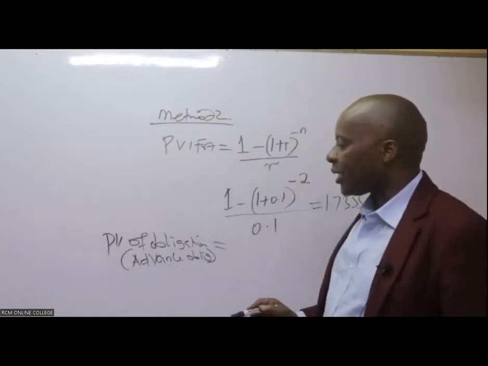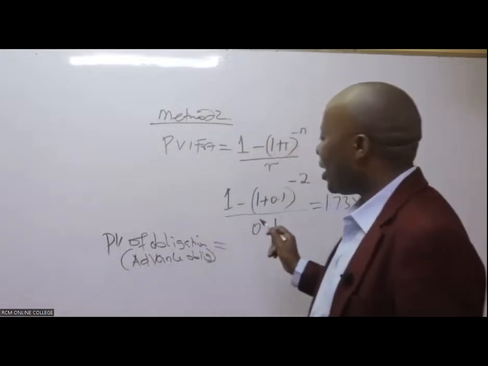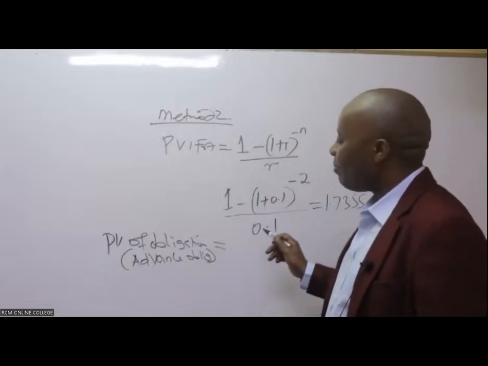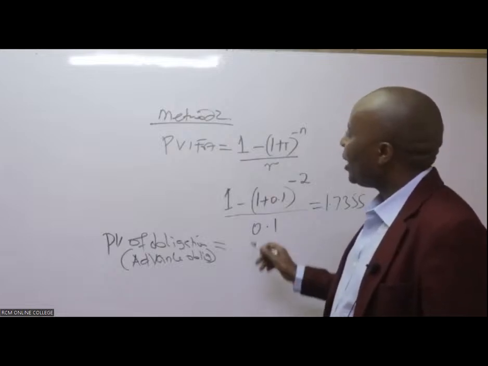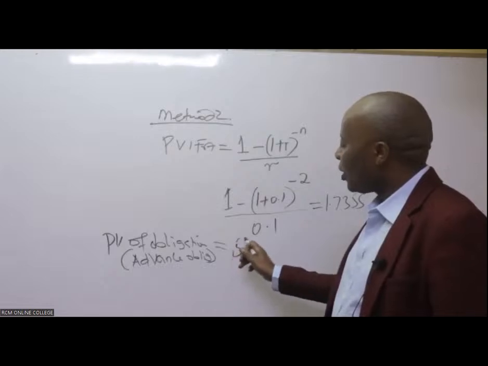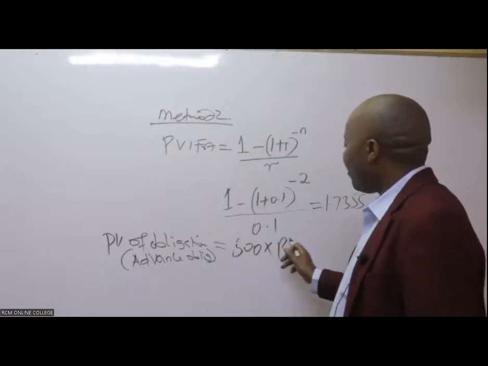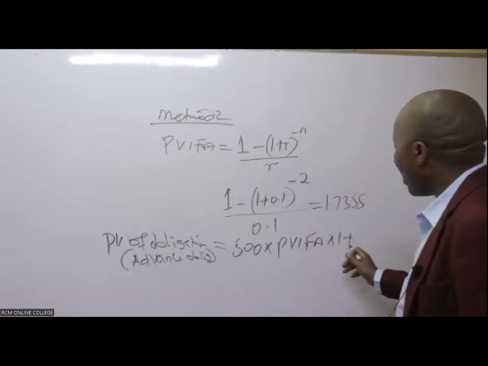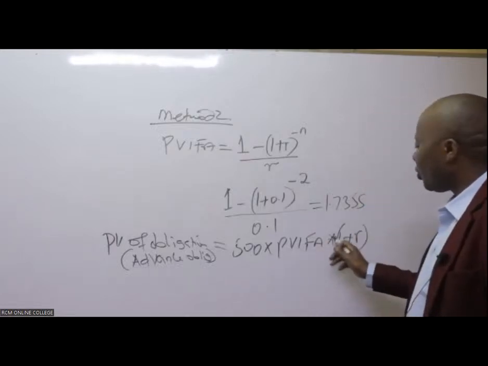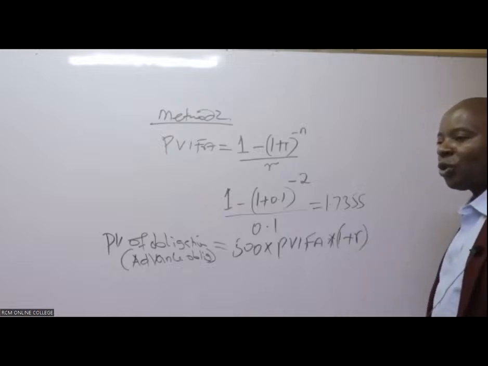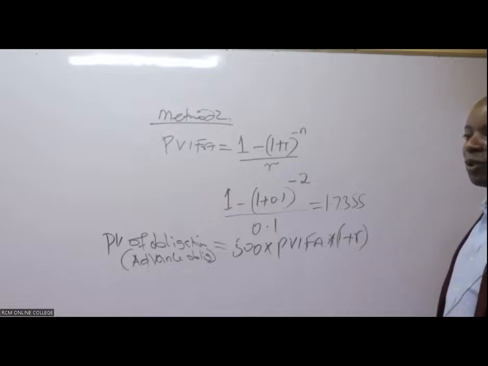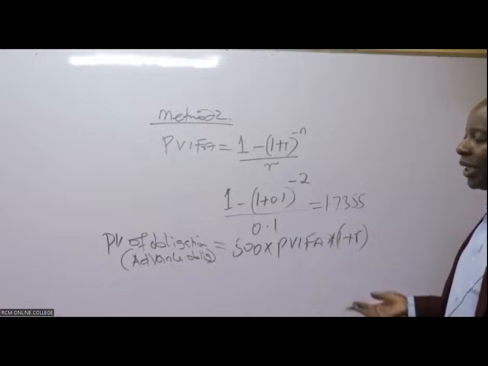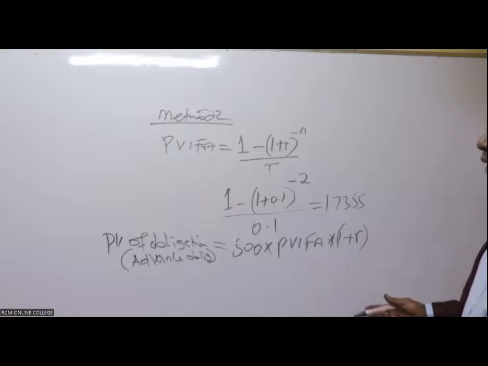So for the advance payment, I will take the lease rental, which is 500, multiplied by PVIFA, multiplied by 1 plus R. This is what you were taught in those old days when there is an advance payment.